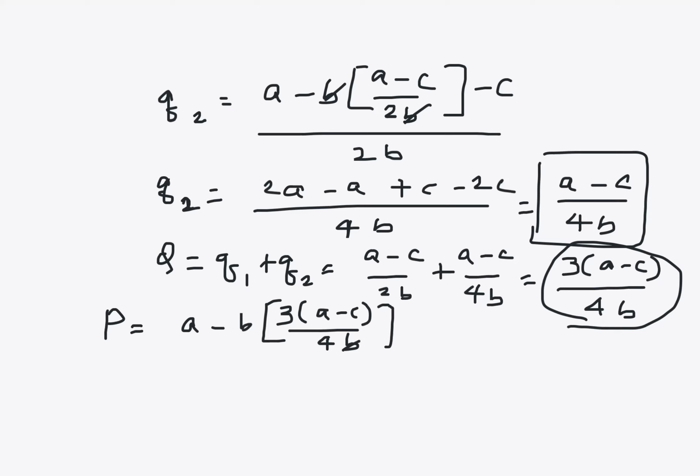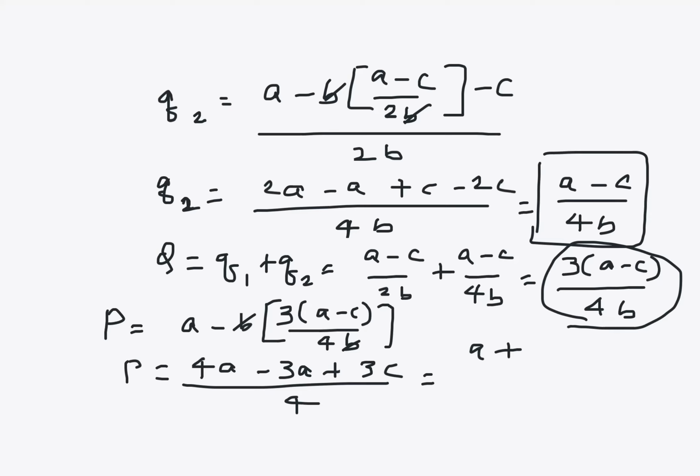So B cancels out here, and then you can solve for P. Price is going to be equal to (4A minus 3A plus 3C) over 4. So the price is equal to A, 4A minus 3A is A, plus 3C, over 4. So this is the price.